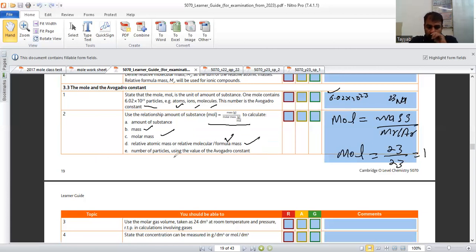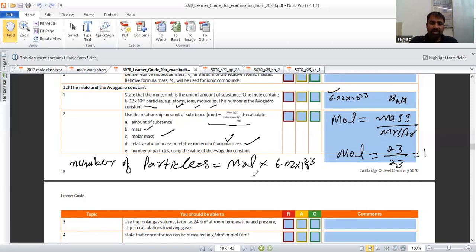We can use this very specific definition: number of particles is equal to mole × 6.02 × 10^23. What is the meaning of this?